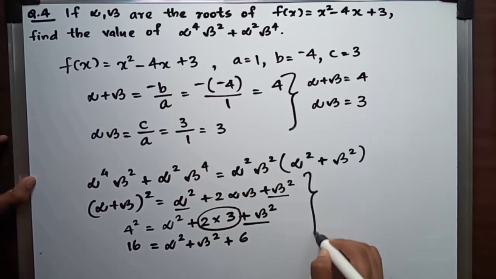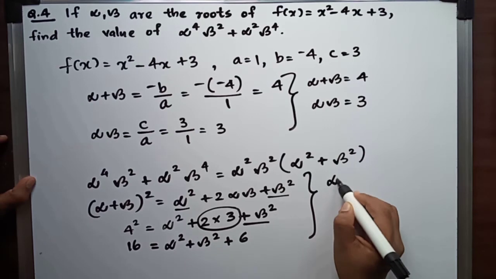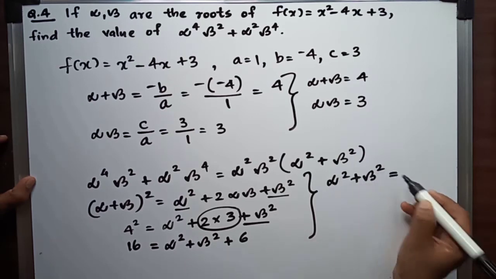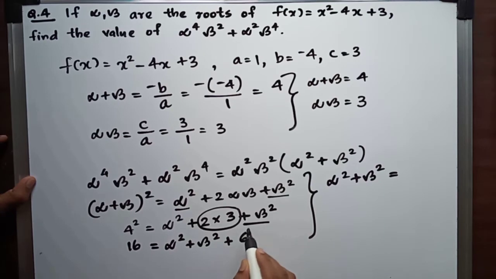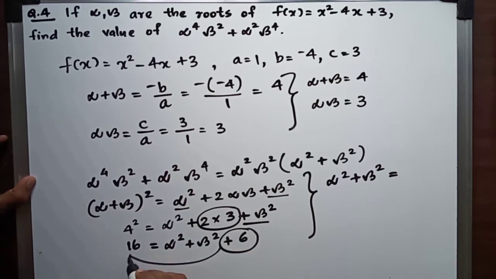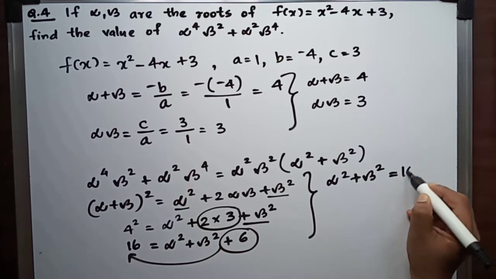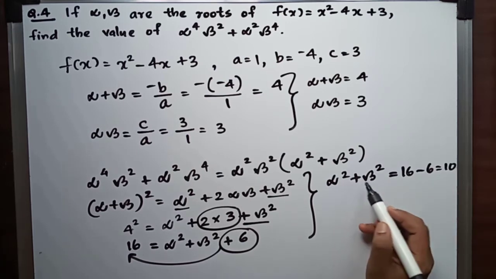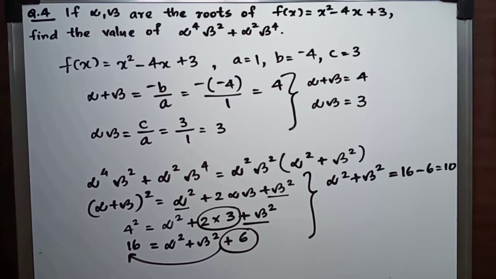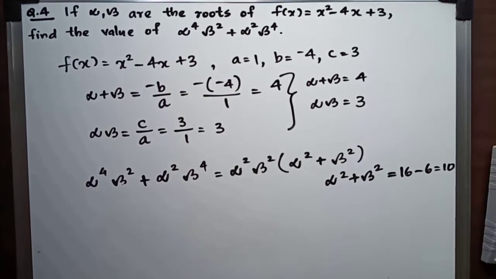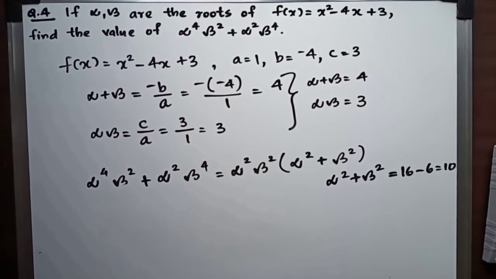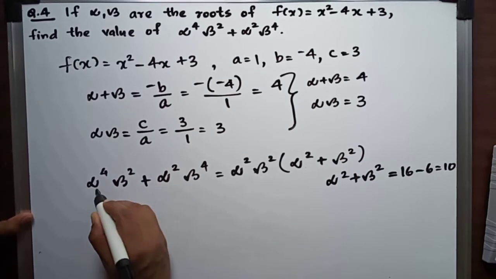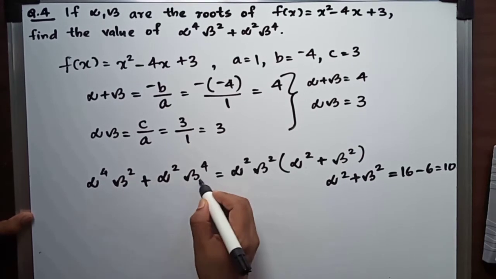So what we got from here? α² + β² is equal to 16, and this plus 6 is moved to the other side of the equal to symbol, so it becomes minus 6. 16 minus 6 is 10. We got α² + β². Let us apply it over here. We have to find α⁴β² + α²β⁴.